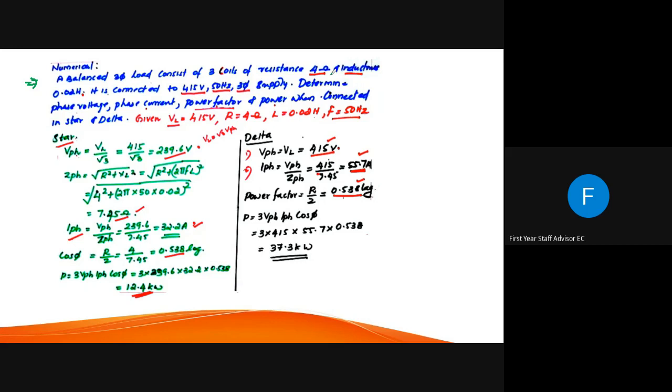Determine phase voltage, phase current, power factor, and power when connected in star and delta.